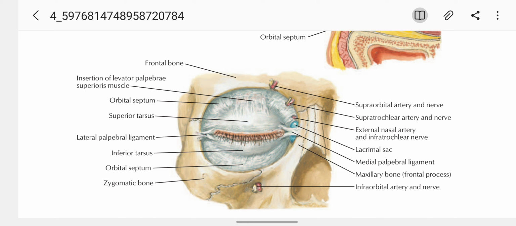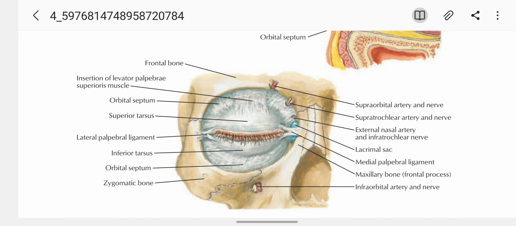Laterally it is related to the lacrimal fascia and the lacrimal part of orbicularis oculi. That is the exact position of the lacrimal sac. The lower end is continuous with the nasolacrimal duct. The upper end has no opening, hence the upper end is blind.